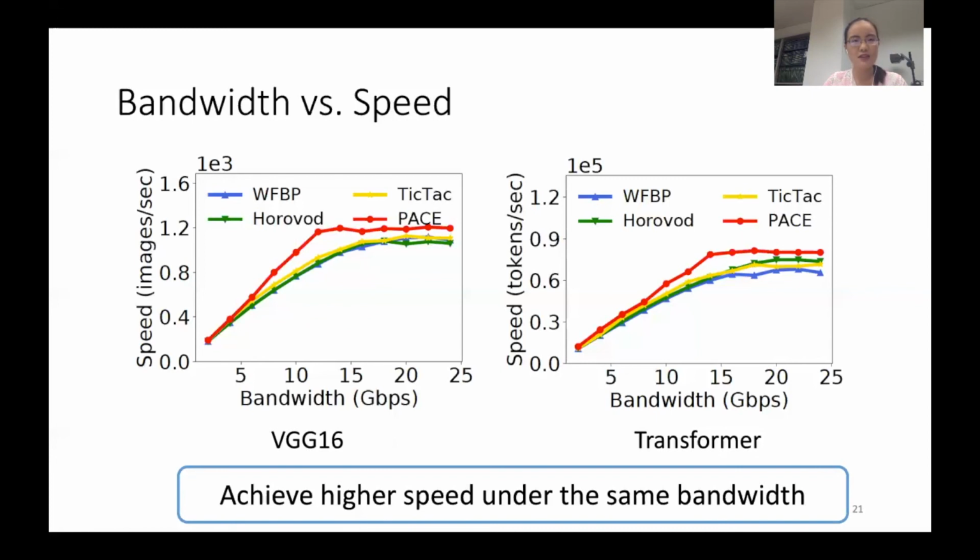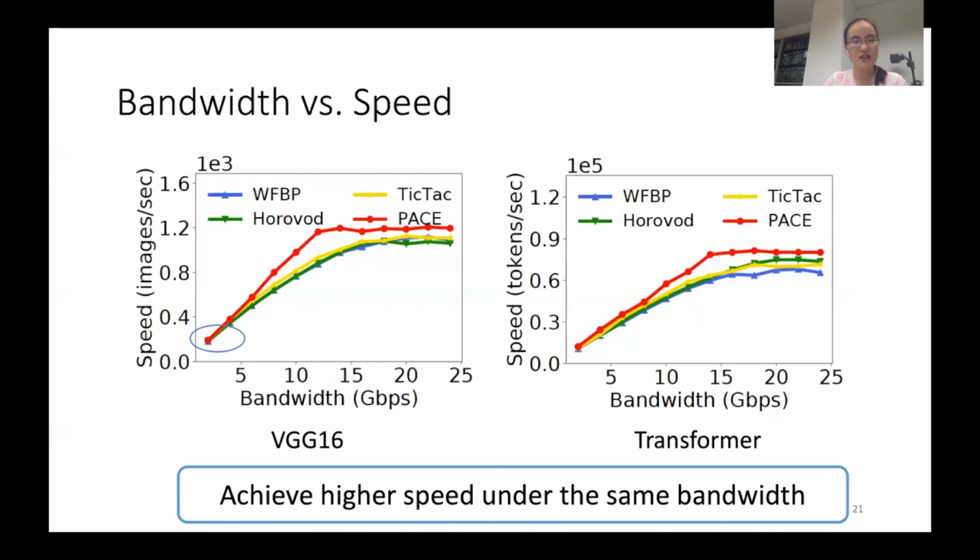We notice that the room for improvement in training speed depends on both the computation speed and the bandwidth we have, because the maximum overlap between communication and computation is equivalent to the backward and forward computation time. So when the bandwidth is too small, the communication time is too long compared to the computation time.